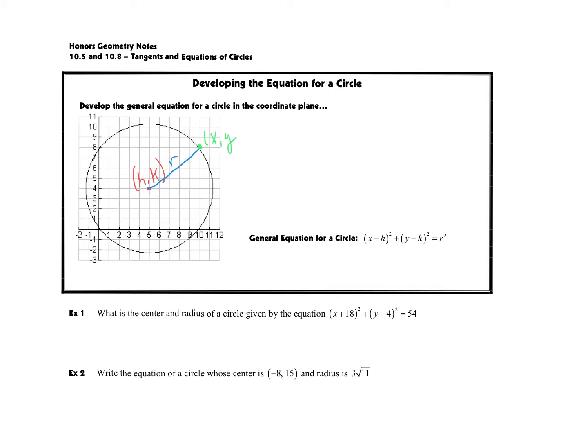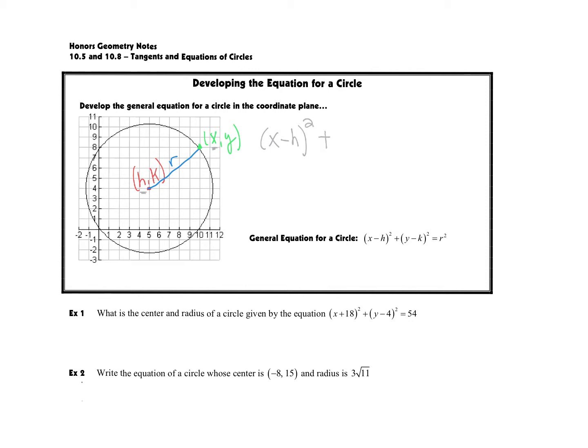That point on the circle is given the ordered pair (x, y). The general equation for a circle is to take the difference in the x value of the point on the circle and the center, which gives us x minus h, and that quantity is squared.